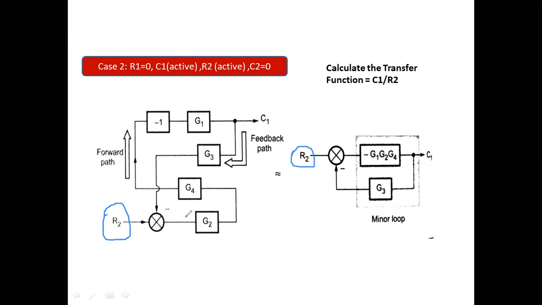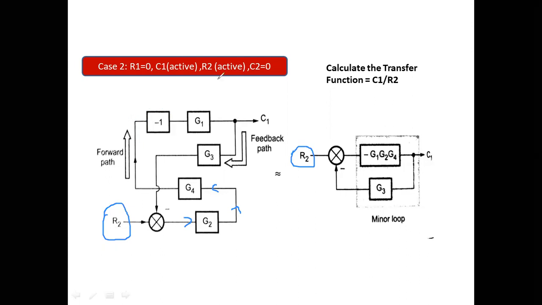After R2 a signal comes like G2. G2 is getting multiplied by G4, and now G4 is getting multiplied by -1. Now we will see how this -1 comes into the picture. This is the essential part.